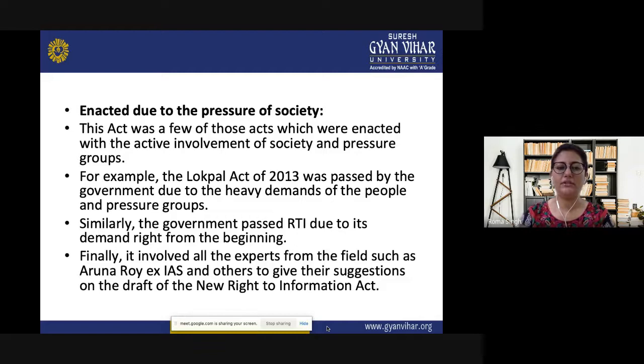For example, the Lokpal Act of 2013 was passed by the government due to the heavy demands of the people and pressure groups. The Lokpal is an institution, a public authority, which helps in containing the corruption of public authorities, so that things which break our democratic principles can be stopped.